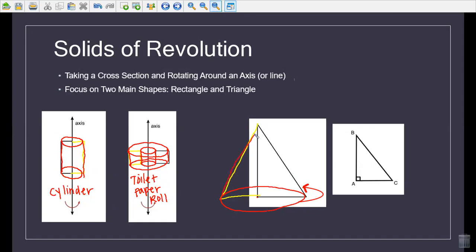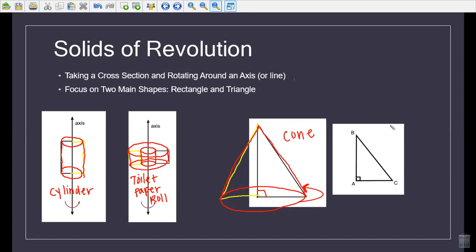So in this case, that red shape ends up being a cylinder, or sorry, not a cylinder, a cone. If I rotate a triangle on one of its sides, one of its legs, because this is specifically a right triangle, it's going to give me a cone.